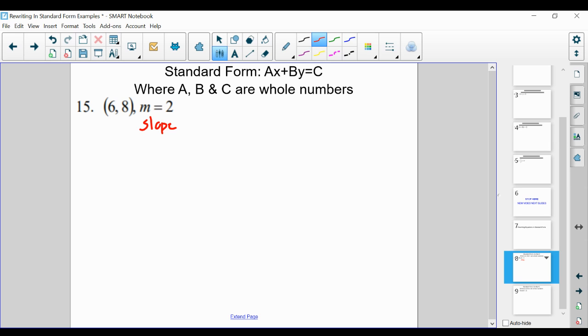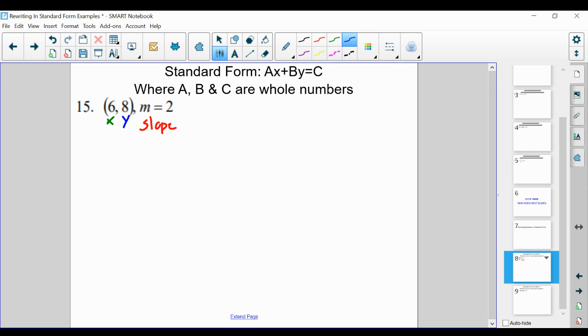I also notice that we are given a coordinate point. We have (6, 8). Let's think back to what we know about coordinate points. We know that each coordinate point has an x, y, so we can identify the x value and the y value. The x value is 6, the y value is 8. And this reminds me of something that we've done in the past.